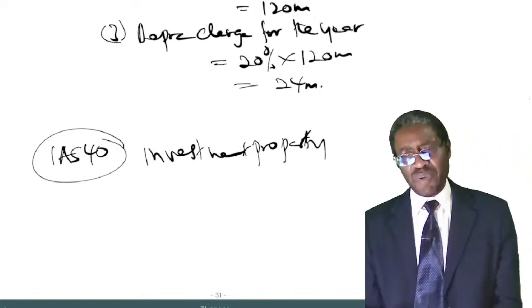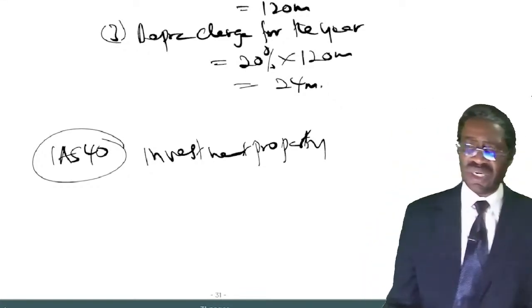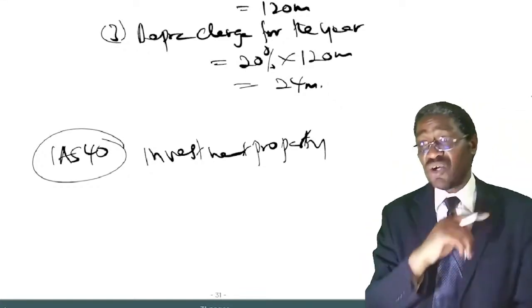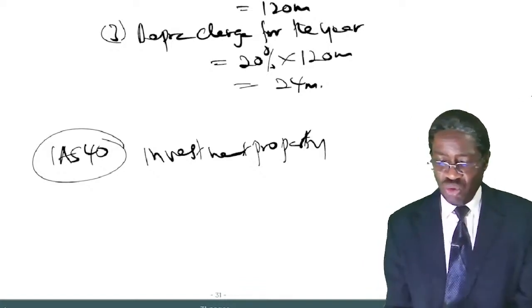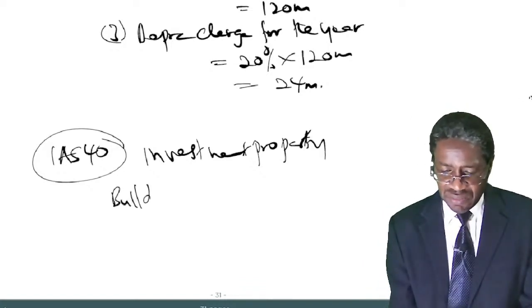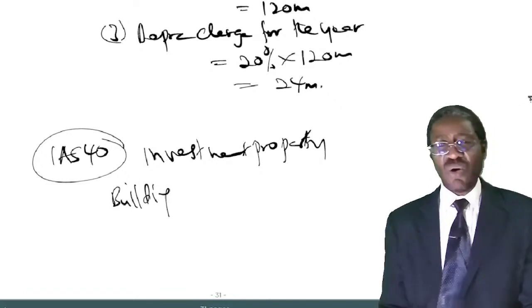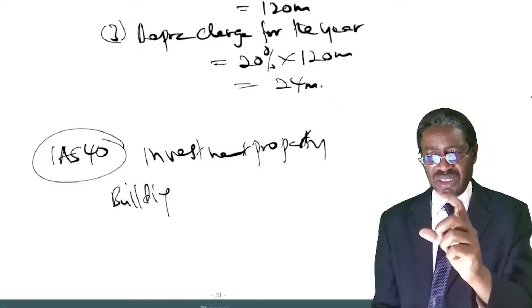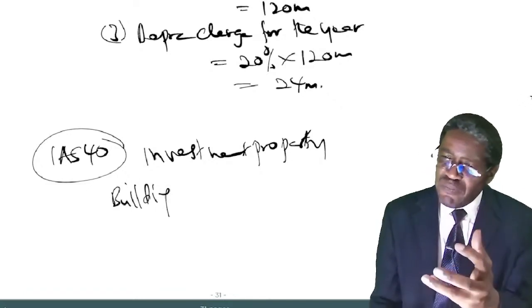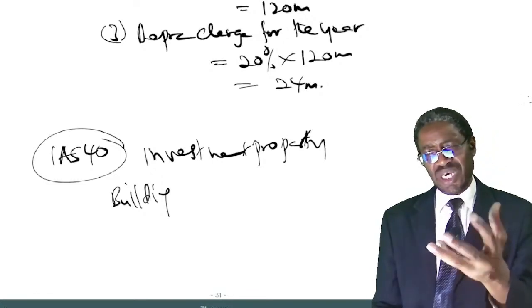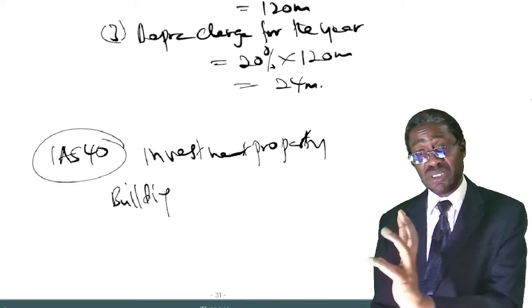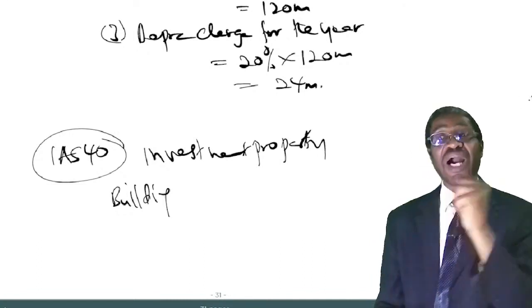Let us assume you are a manufacturing company, and you bought a building with the hope that the value of the building will appreciate and you will be able to sell that building and make what we call a capital gain.